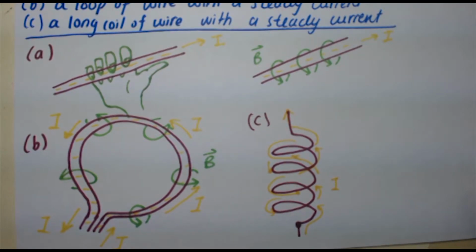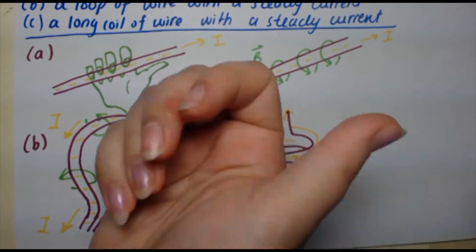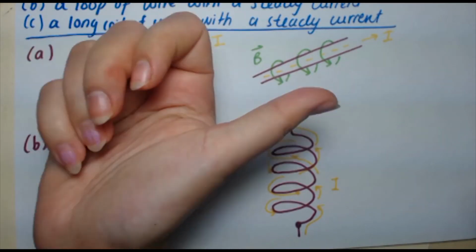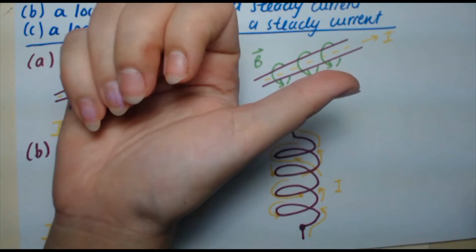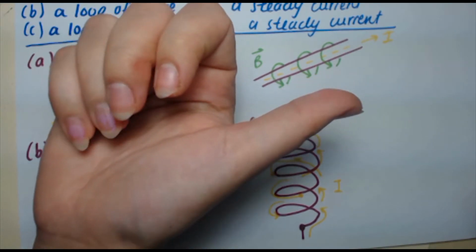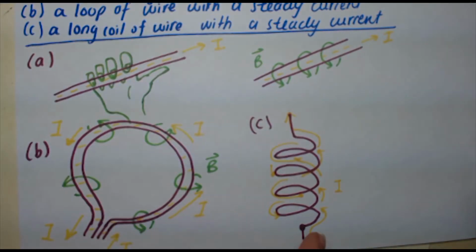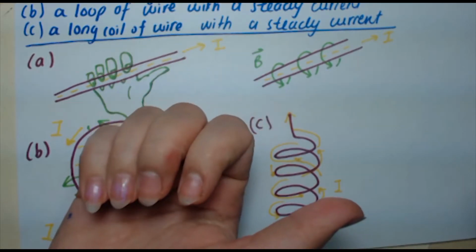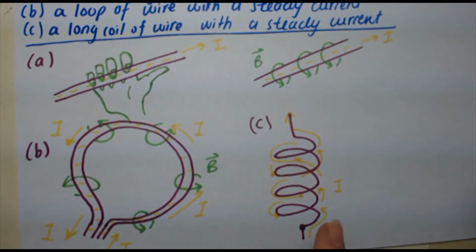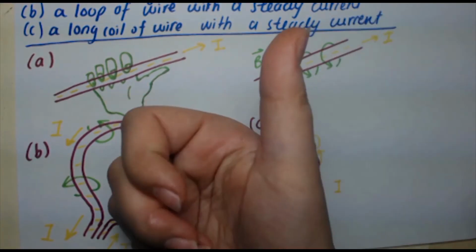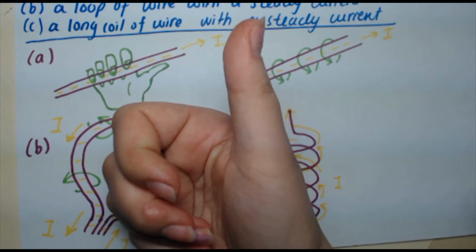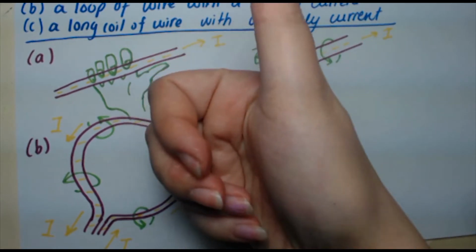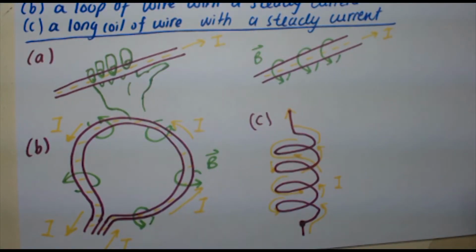It's funny, the right hand rule works both ways. If your current is going straight, the thumb becomes the current and the fingers curl in the direction of the magnetic field. However, if your current is the one that's going in a curling fashion, then now your fingers represent the direction of the current. In this example, the current's going around, so now my thumb represents the direction of the magnetic field.